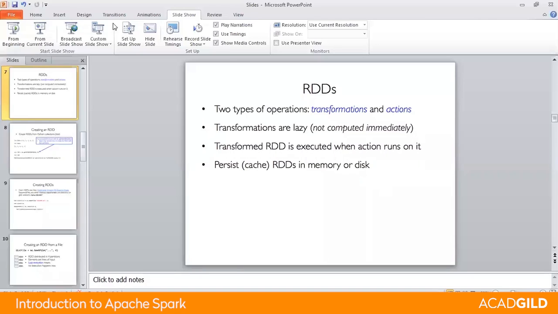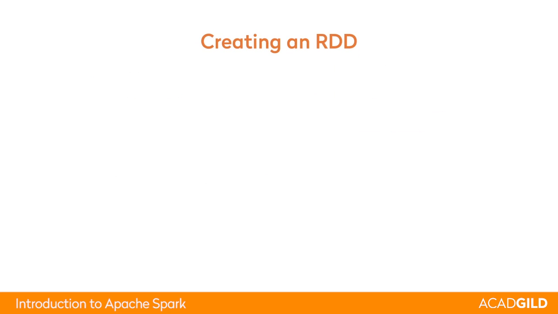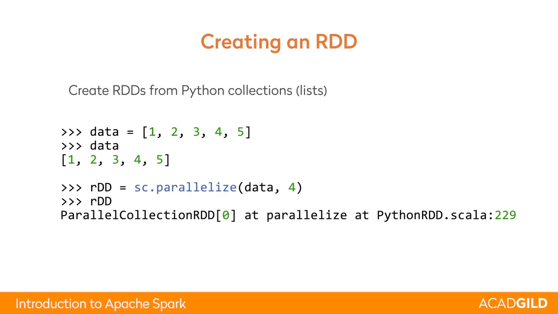Let's go ahead and talk a few more points about the RDDs. You can create RDDs for testing purposes or for small development from a list. You can create a list of your own choice, put some entries, and you can create an RDD by using sc.parallelize. You can also control the number of partitions.